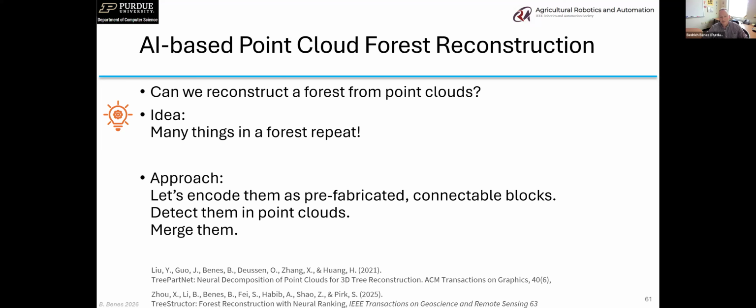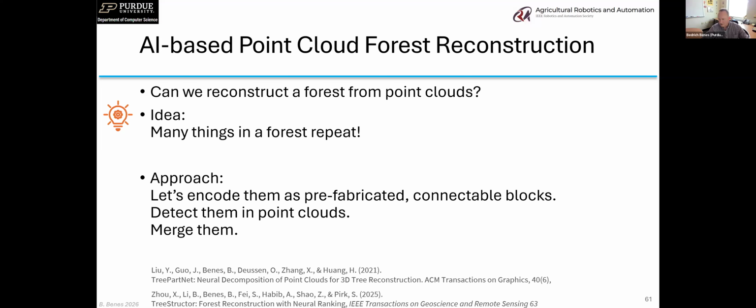So we compose everything from repeating parts. The idea that we followed here is that we take many parts that could possibly repeat and encode them as prefabricated connectable blocks. You can think about it as Lego pieces that can be connected together.